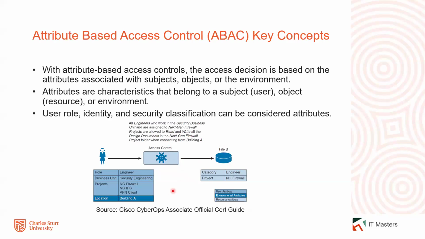Okay, so you can see it's really, really flexible, and you can have lots of different attributes, and you can use any or all of those attributes to determine who gets access to your subjects. So if you want to keep it simple, you could say all engineers can have read-write access to all the design documents. So you could make it as simple as that.